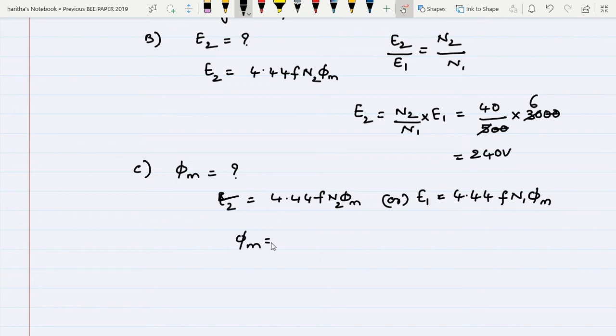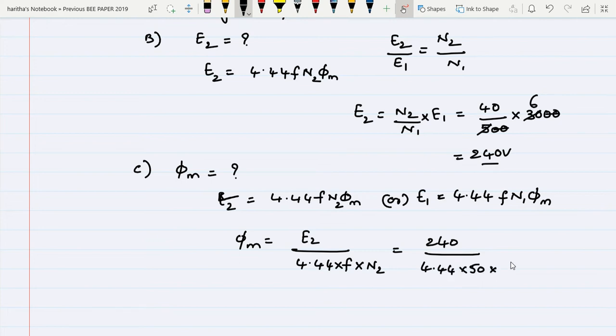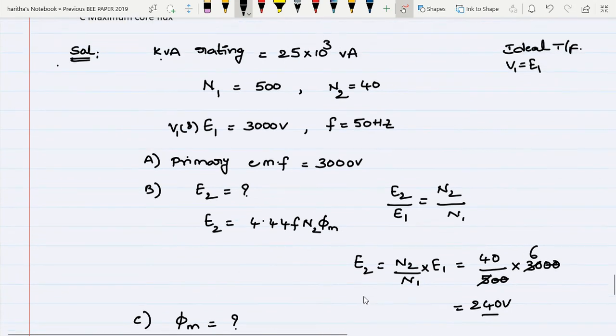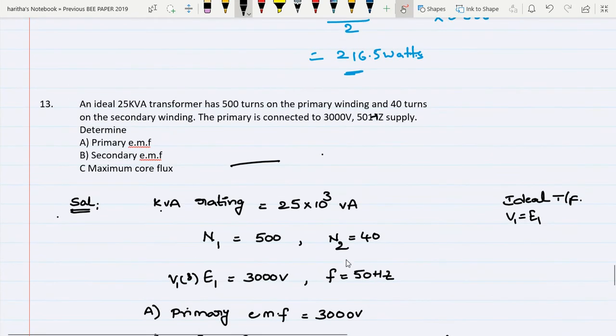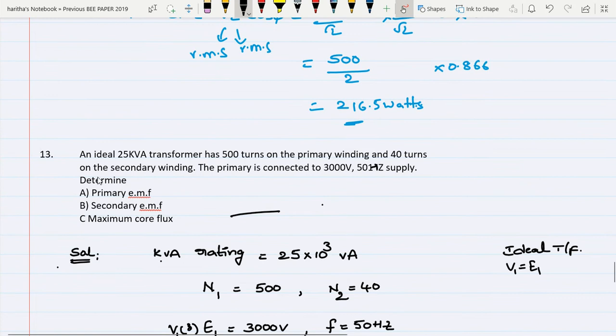Then phi m is equal to E2 by 4.44 into f into N2. E2 value, how much we got? 240 volts. 240 divided by 4.44 into 50 into number of secondary turns 40. So by solving this, you can get the maximum flux. So this problem is over.